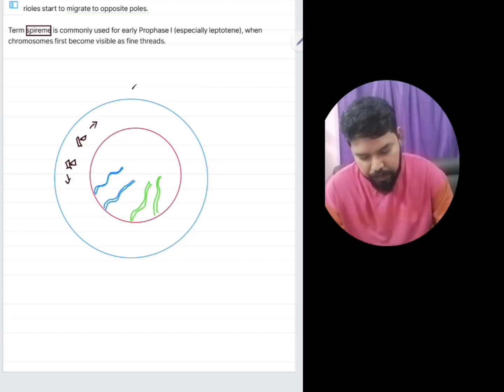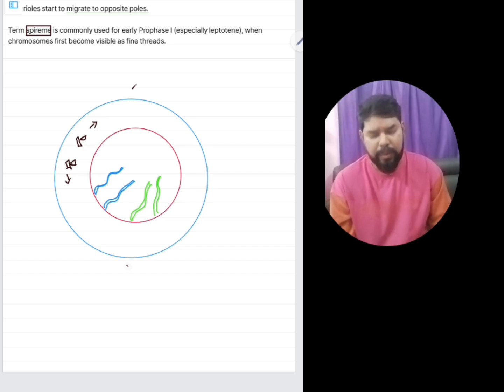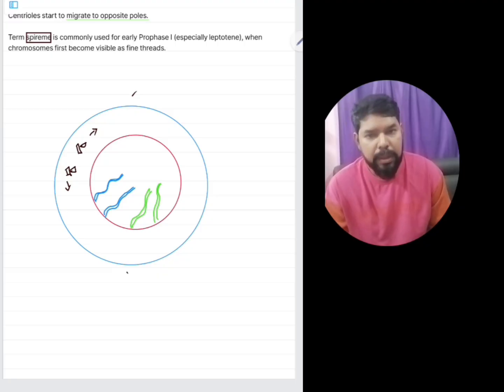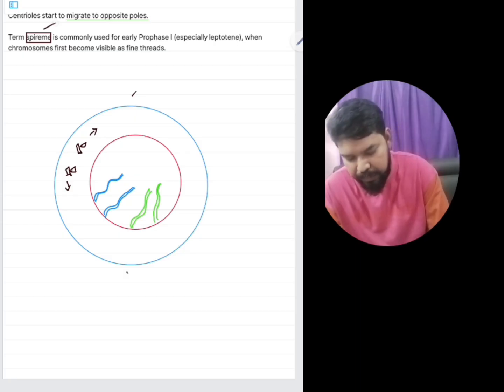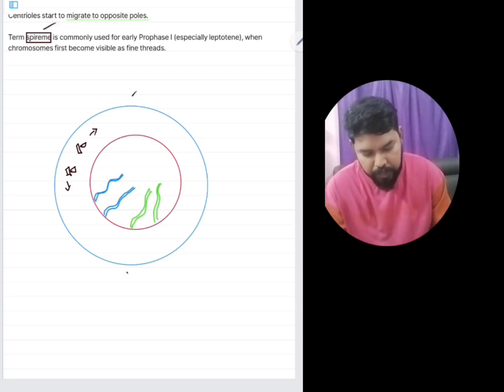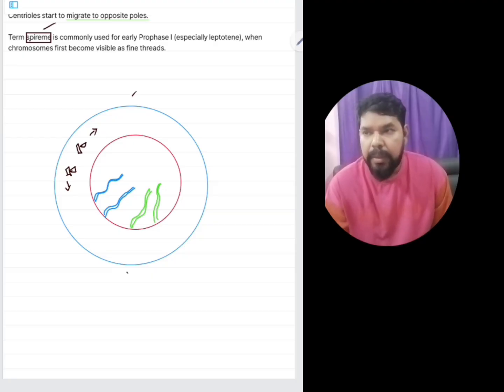So the centrioles start to move to the opposite poles, but have not reached them. And the chromosomes are condensing, meaning not yet properly condensed. Condensation has started and spiralization is also occurring. That is why this phase is called the thread-like phase. In this phase the chromosomes are visible under the light microscope.